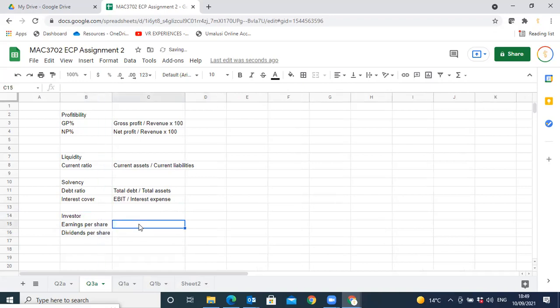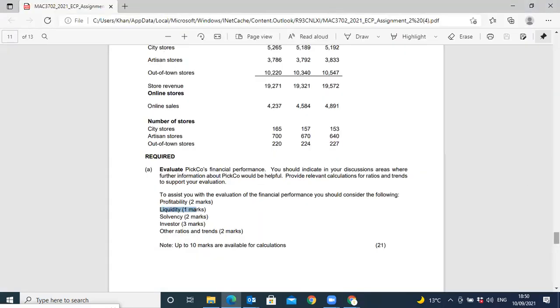Earnings per share would be earnings divided by the number of shares in issue, where earnings is net profit. And then dividends, same thing: dividends divided by the number of shares in issue. Let me just see if there's anything else that I can pick up from here.